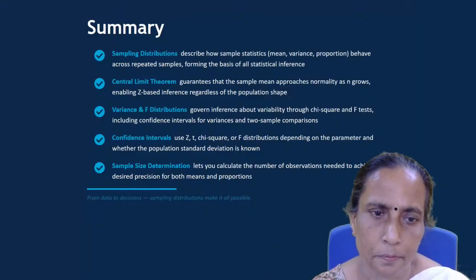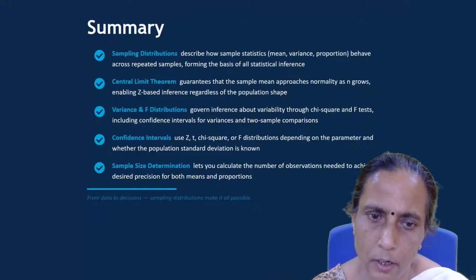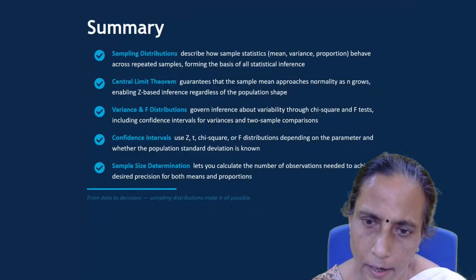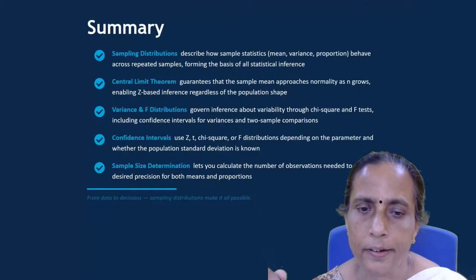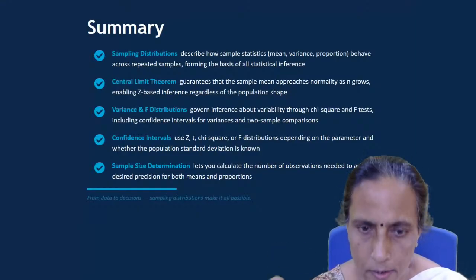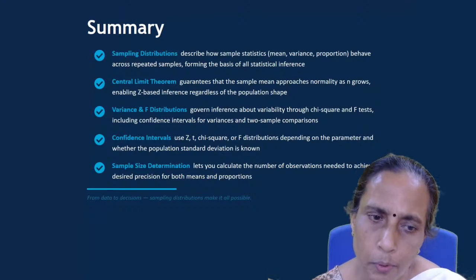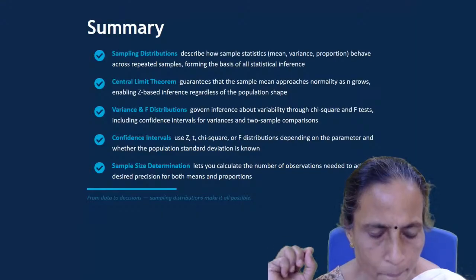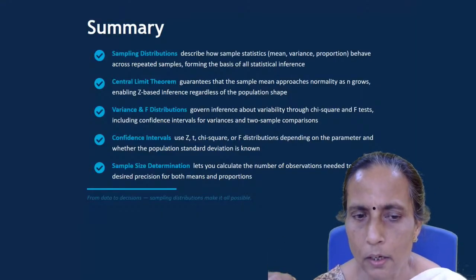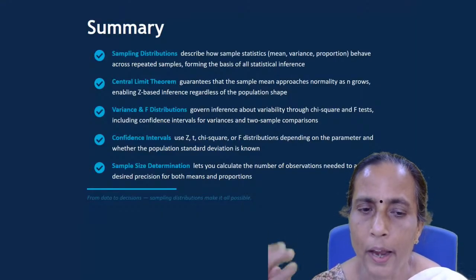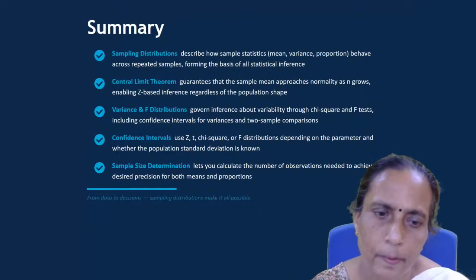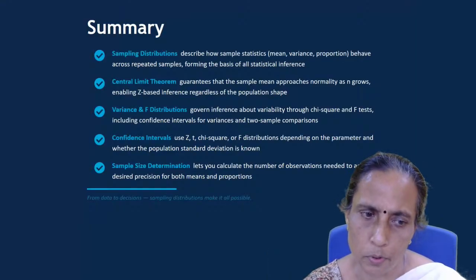We discussed confidence intervals using the standard normal, t, chi-square and F distributions, and finally we are through with how we can determine the sample size, which lets us calculate the number of observations we need to achieve a desired precision for both means and proportions.